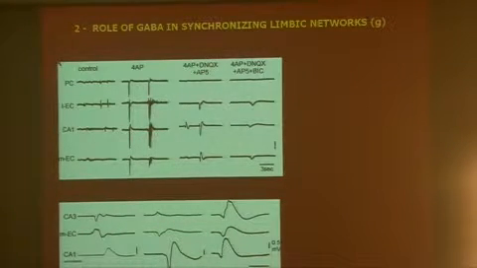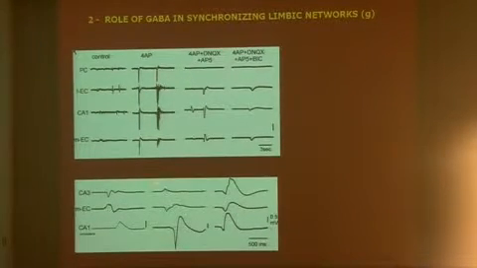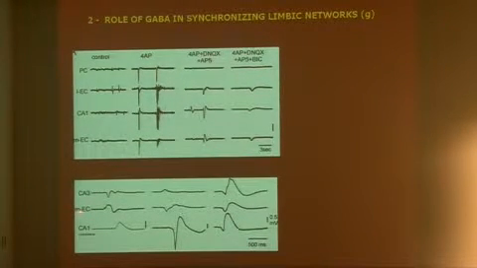Indeed, and we don't know how to explain this. This mechanism is able to make the slow GABA receptor-mediated event go from one hemisphere to the contralateral hemisphere, maybe through a potassium increase that travels through the corpus callosum, we don't know.